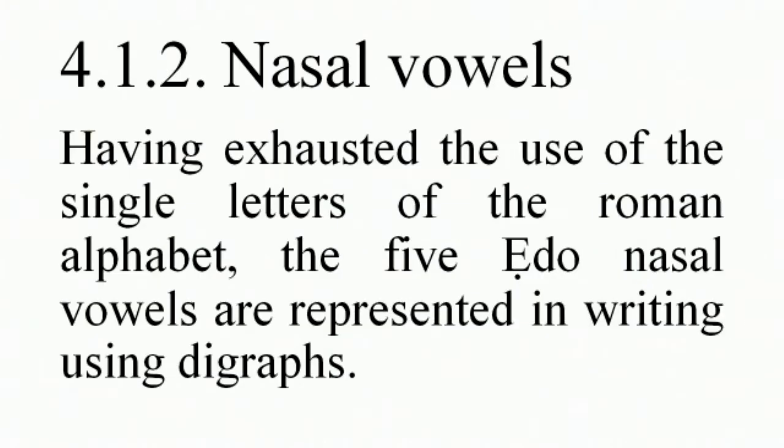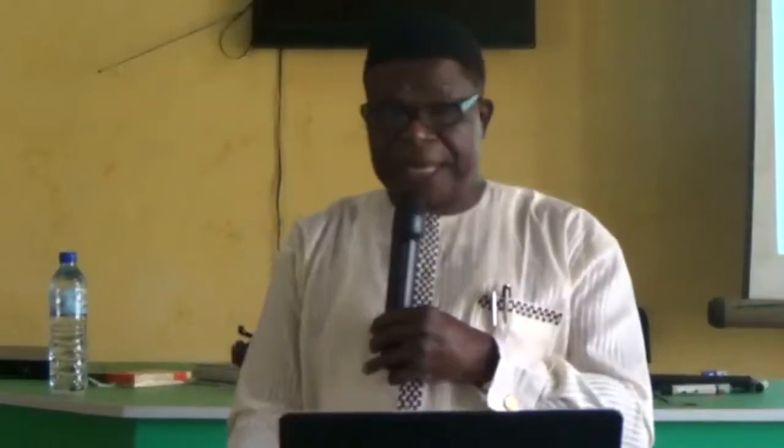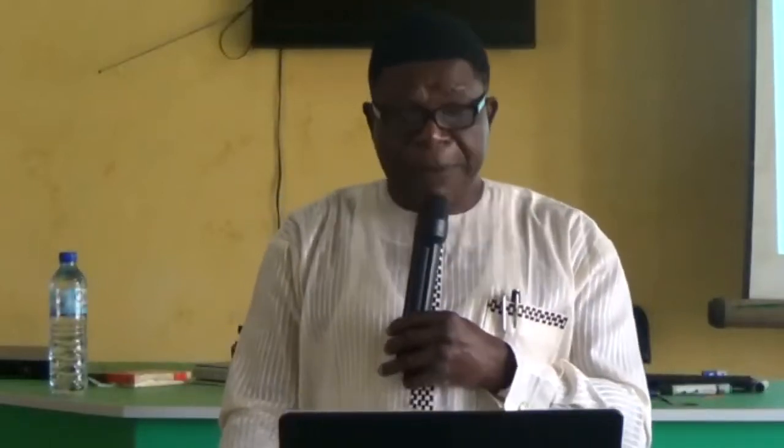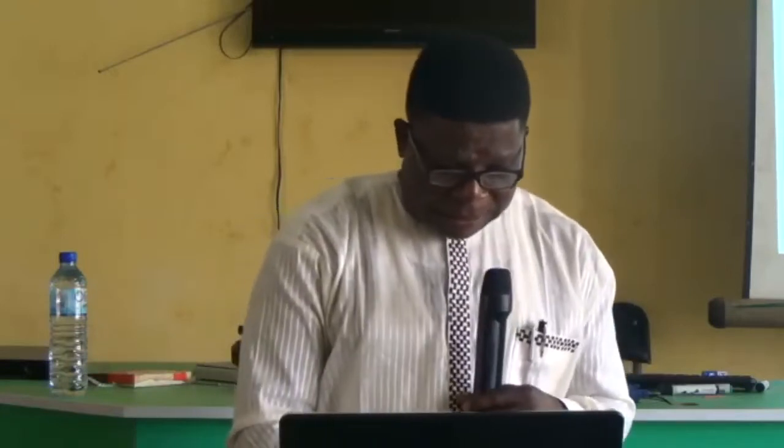Then for the nasal vowels, having exhausted the use of the single letters of the Roman alphabet, the 5 Edo nasal vowels are represented in writing using digraphs. What digraph means is 2 letters representing a single sound. Okay? So let us look at that.